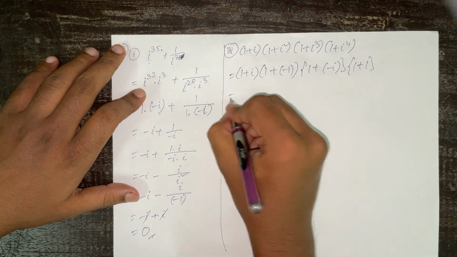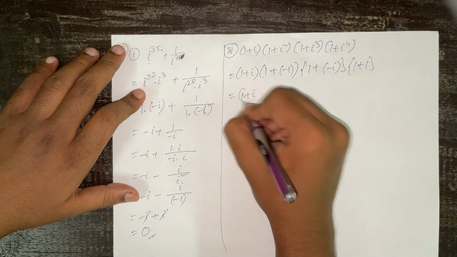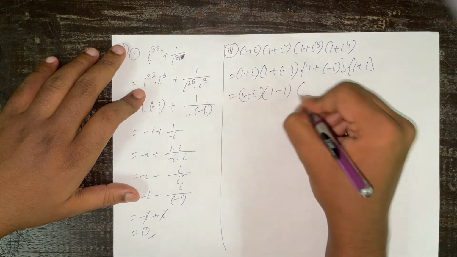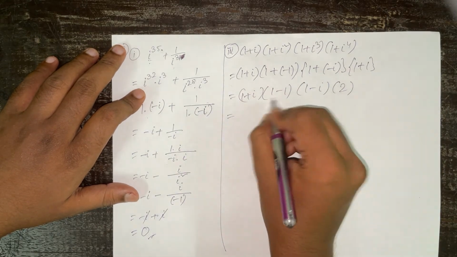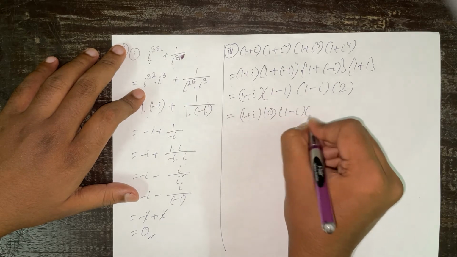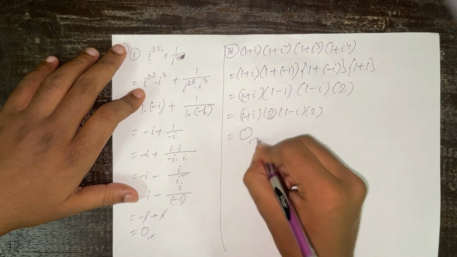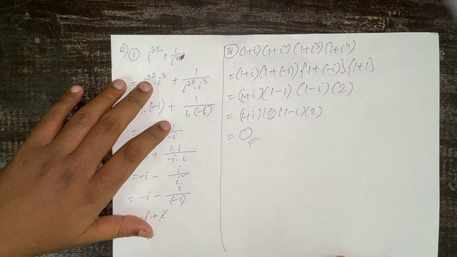We have seen that. Power is 4, so it is obviously 1. So here it is 1 plus i, this is 1 minus 1, this is 1 minus i and this is 2. So what we get here? 1 plus i into 0 into 1 minus i into 2. So since we have 0 here, the answer will be 0. Done. Let us try one more.